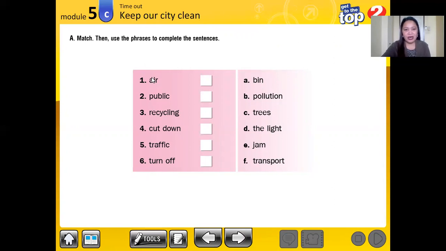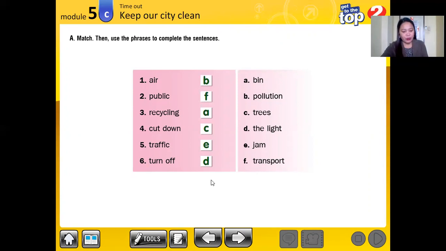So we have here words 1 to 6 and another set of words A to F. So we are going to match them. Ready? Air pollution, public transport, recycling bin, cut down trees, traffic jam, turn off the light.